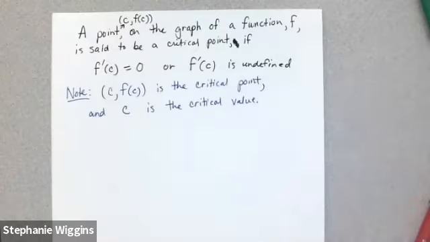I'm talking about that spot where the derivative is either equal to 0 or undefined. So these three things that I've introduced today are the notion of a function being increasing, decreasing, and the notion of a critical point or a critical value.